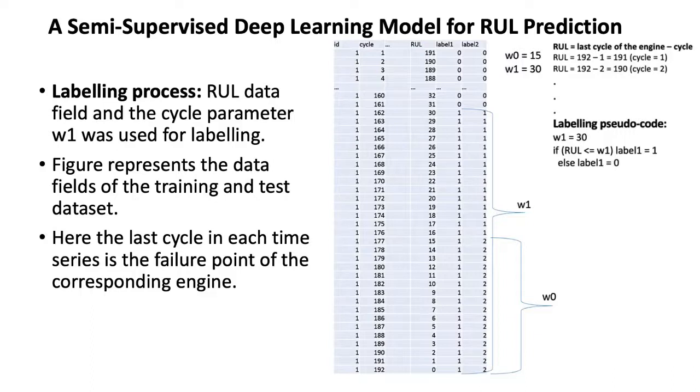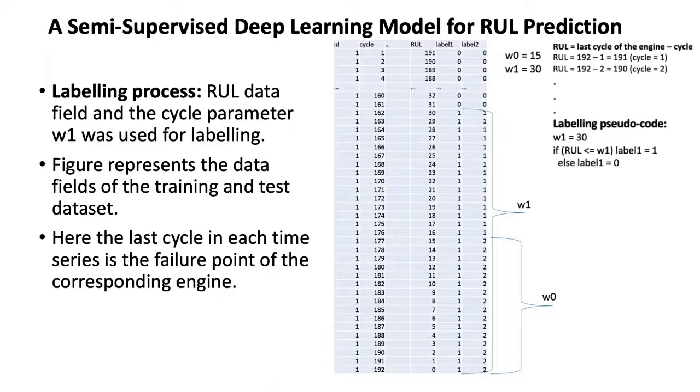We use this remaining useful life information to answer the question: is this engine going to fail within W1 cycles? W1 is a predefined, use-case-related parameter, which is used to label the training data.